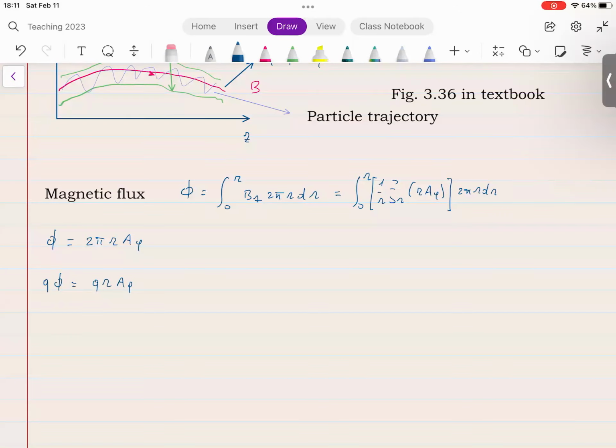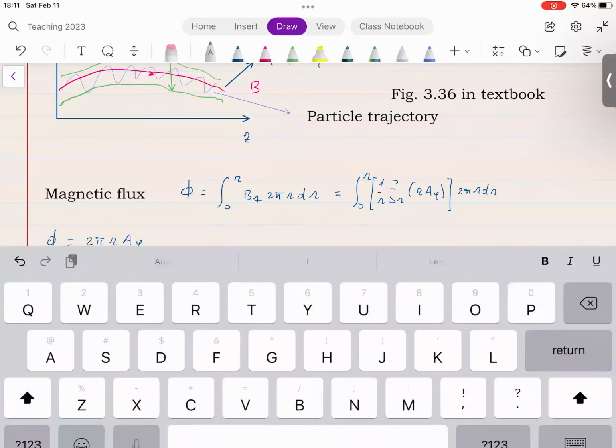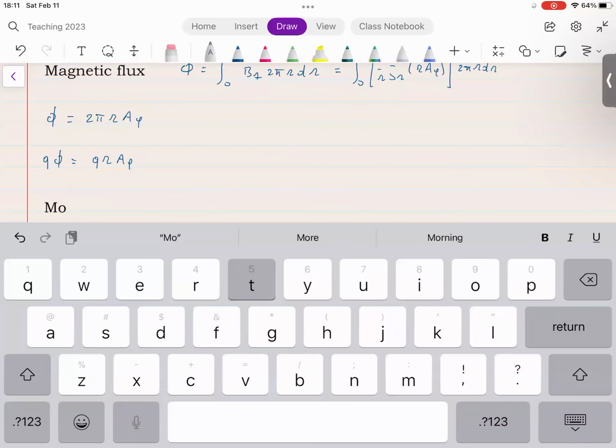Now, one more thing. What we want to do is determine the motion in the phi direction.